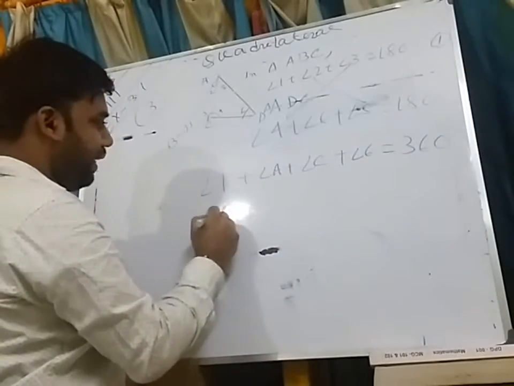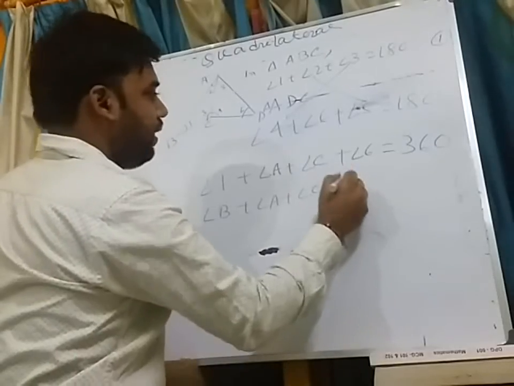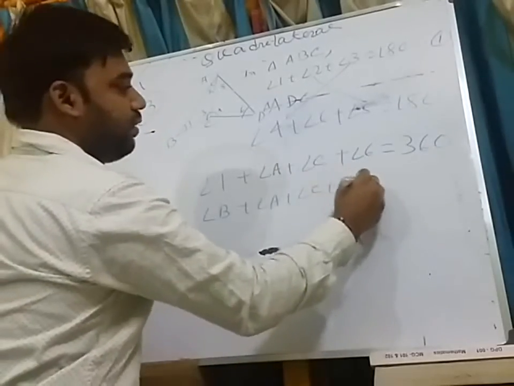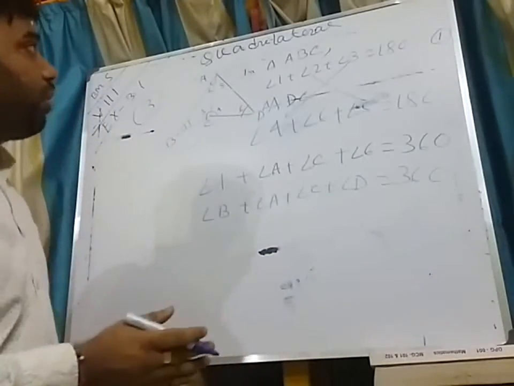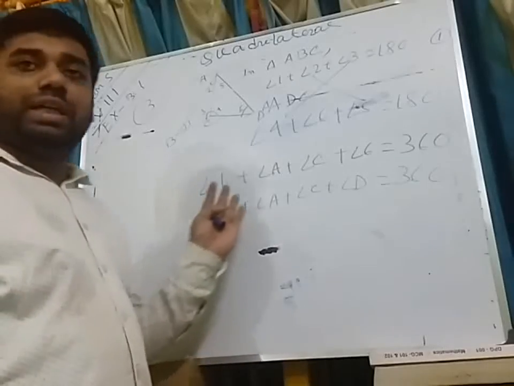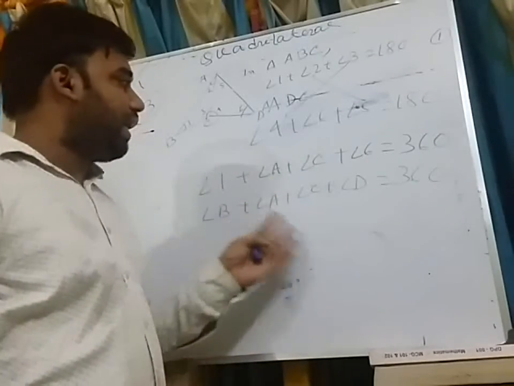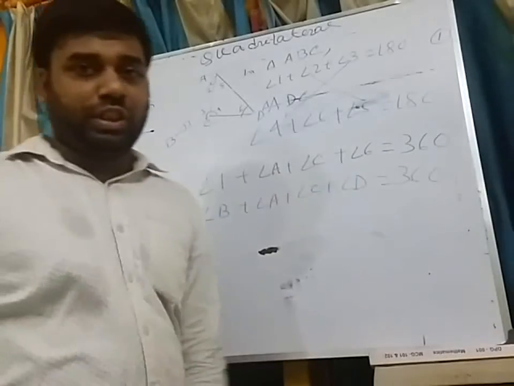So angle A plus angle B plus angle C plus angle D equals 360. Even for a concave polygon, we can prove that the sum of the interior angles is 360 degrees.